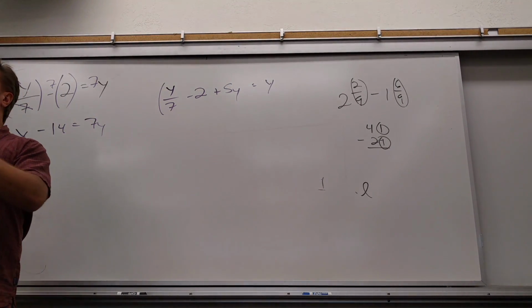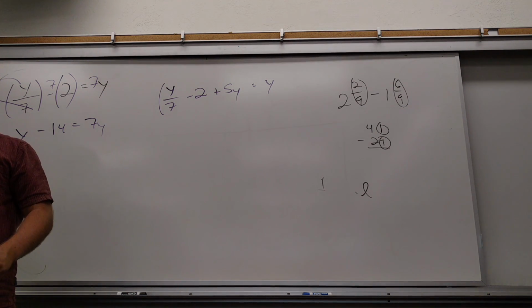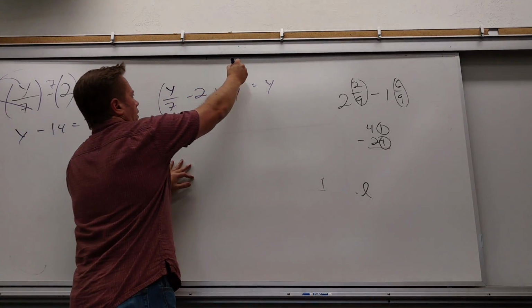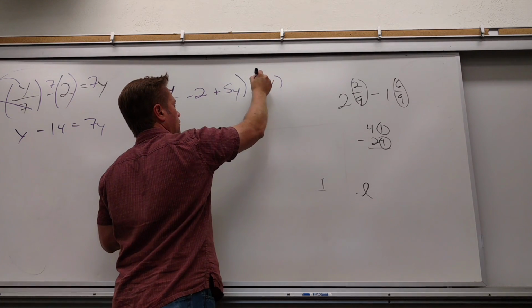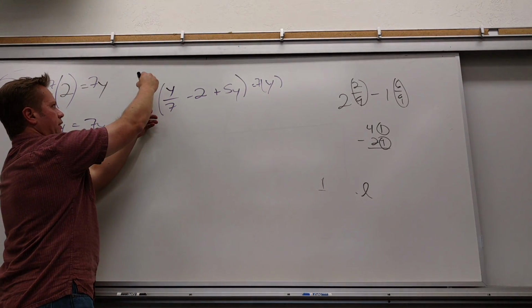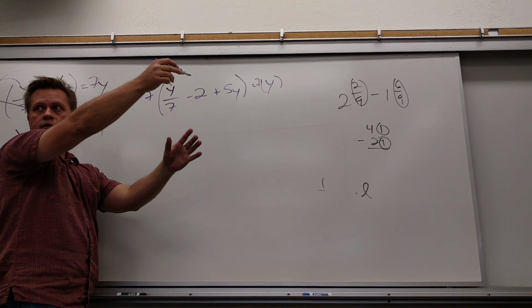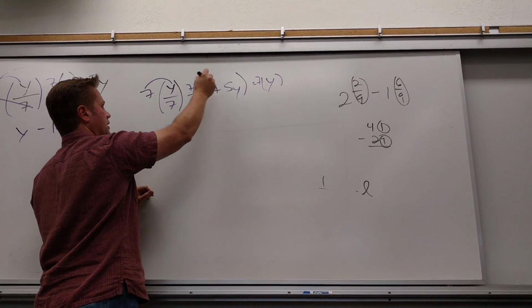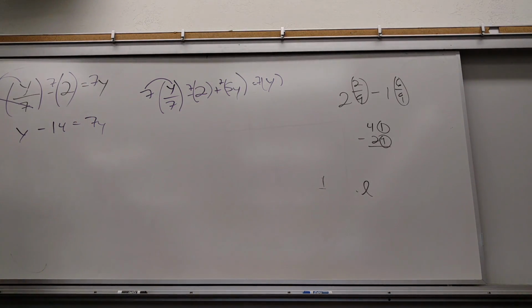Again, the reason is, what's the saying? Whatever I do to one side, I do to the other side. If I multiply this side by 7, well, how do I multiply this side by 7? I take the 7 and I distribute it. So that's why I just say, well, screw it. Let me just put 7 next to each thing so I don't forget anybody from the get-go.